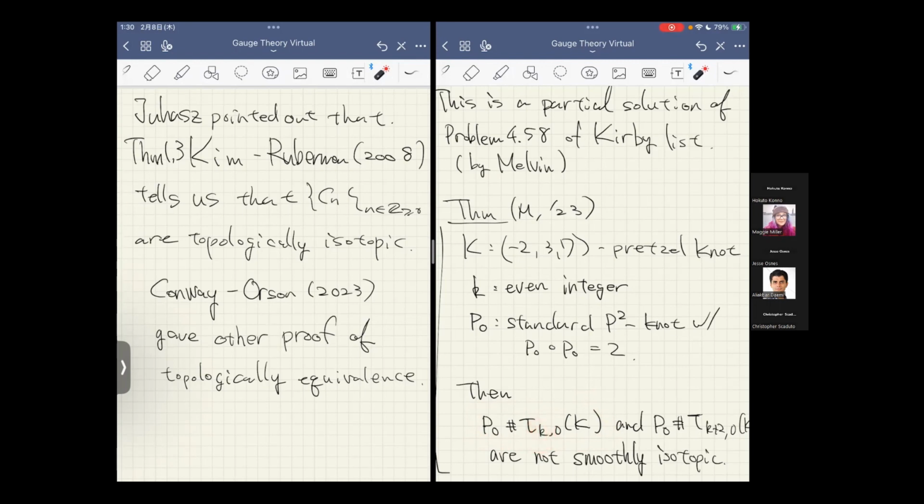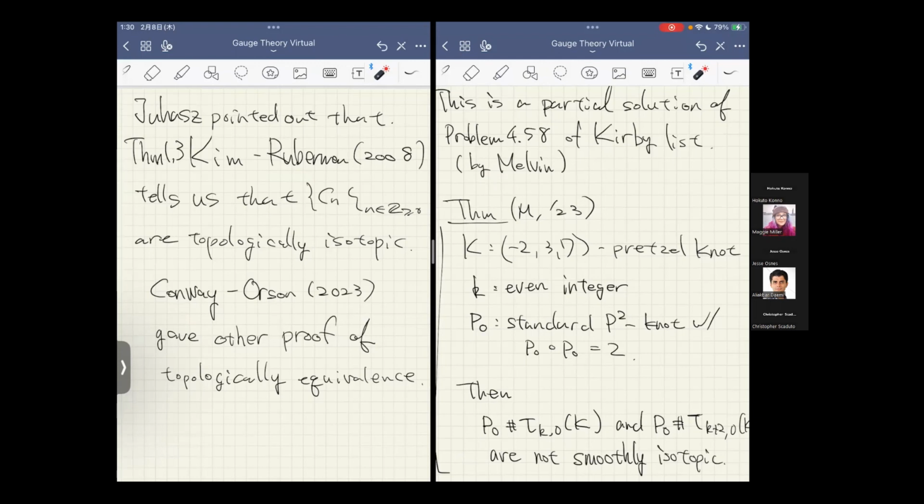So there is a question: if the parity of k coincides, are these P2 knots smoothly equivalent or not? So here is a counterexample to this question.